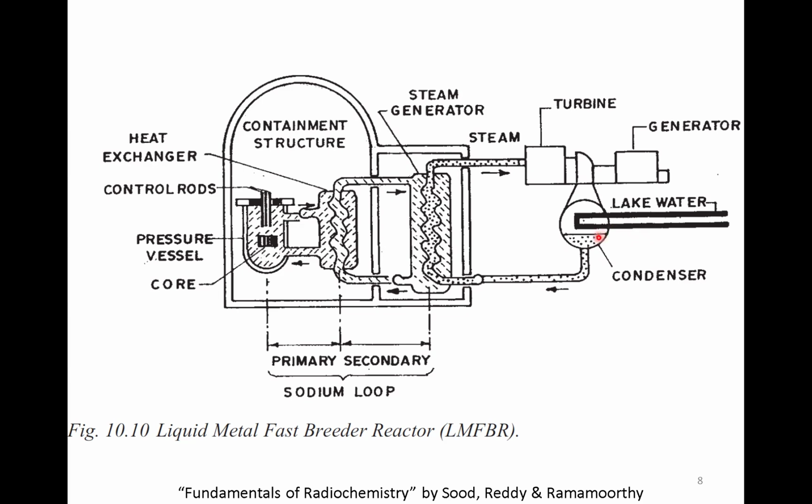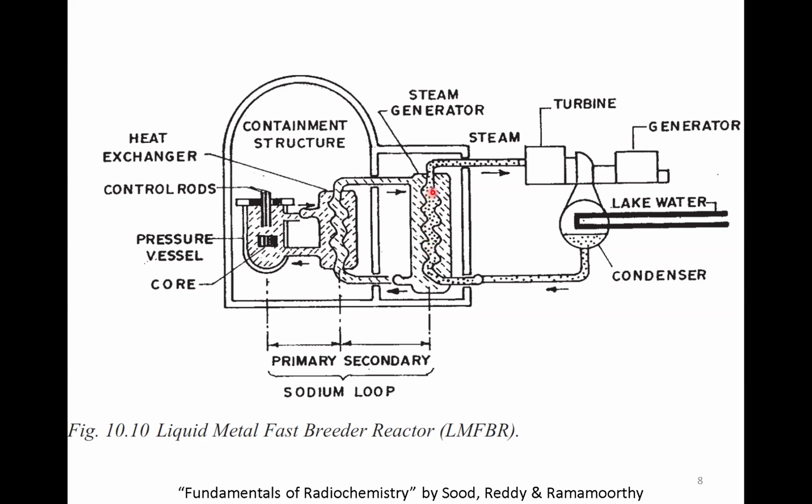Typically, you have a liquid metal, usually sodium, because sodium has a low cross section for neutron absorption. Sodium can be melted at a low temperature, and it's a good thermal conductor, so it can take up heat that is being circulated.